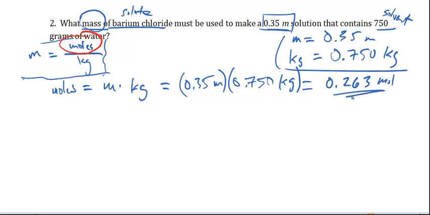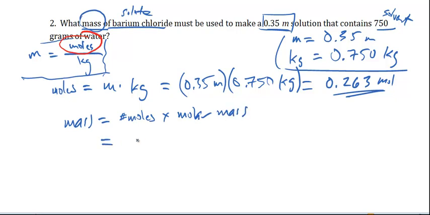That's how many moles of barium chloride. Now, to get mass, the mass is equal to the number of moles times the molar mass.